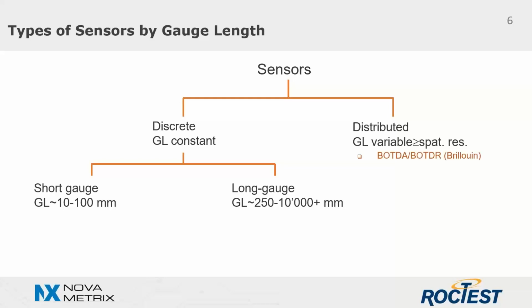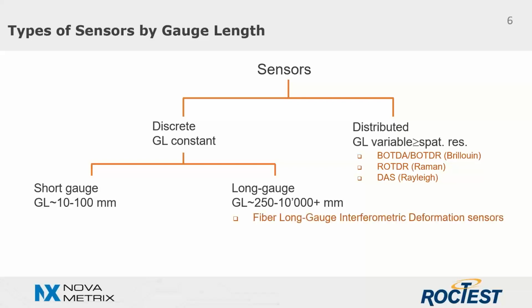Distributed sensors can be based on Brillouin scattering technology for strain and temperature analysis along the fiber, and Raman scattering technology for only temperature, and finally Rayleigh scattering for acoustic analysis along the optical fiber.